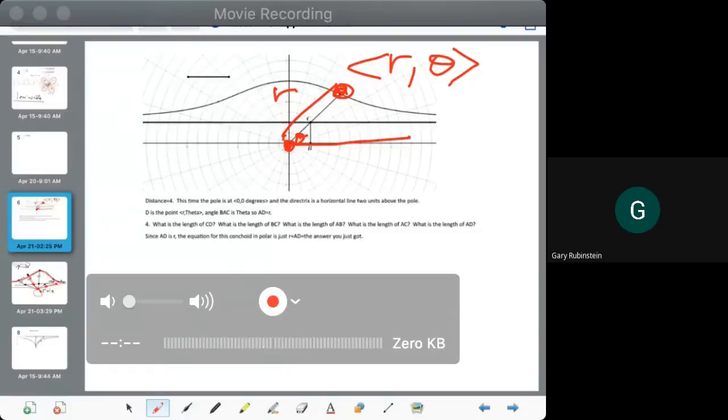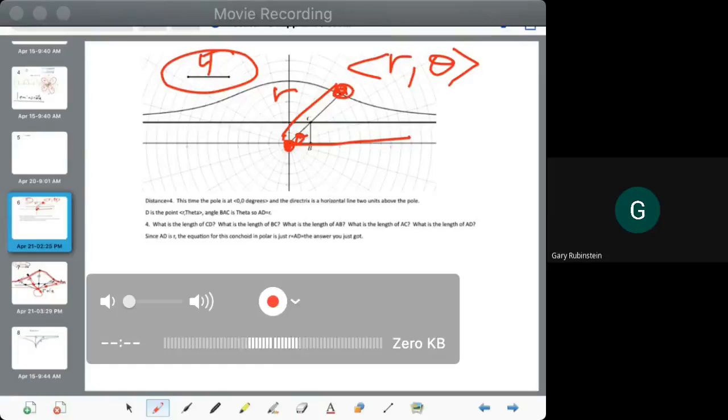Now, in this question, we can see that the magic number, the length of the distance here, is going to be 4.